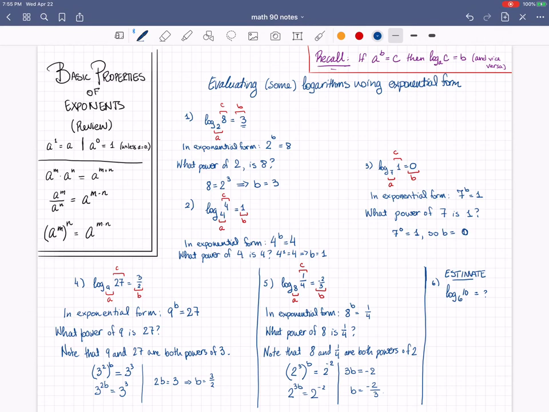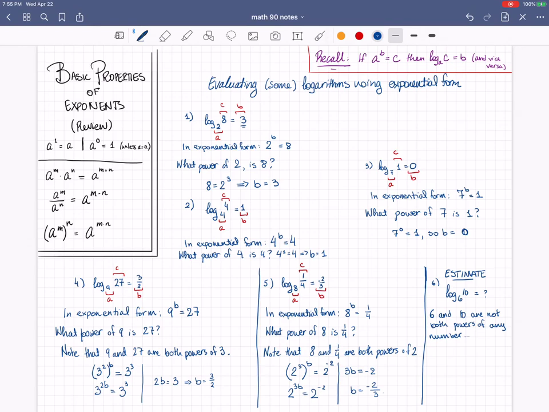So 6 and 10 are not both powers of any number. There is no number that if you raise it to some nice power, you get 6, and if you raise it to some other nice power, you get 10. You don't have this beautifulness that you had in the previous example.